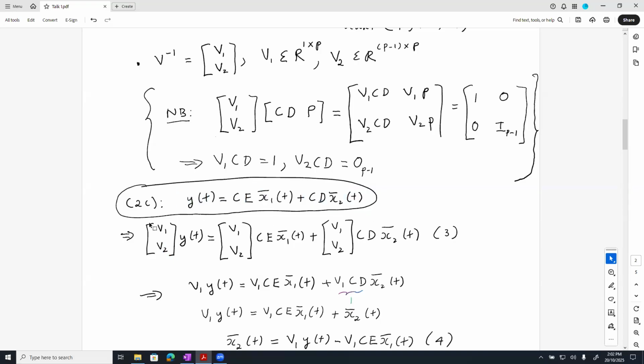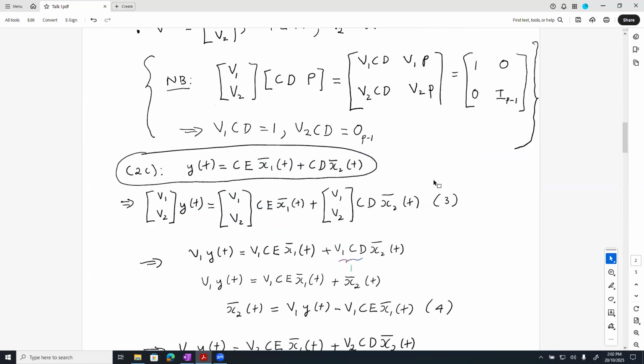So we have the following expression. Looking at the left-hand side, we got V1, V2 times y of t. And then this term we multiply by V1, V2, which is that term there. And this term we multiply by V1, V2.